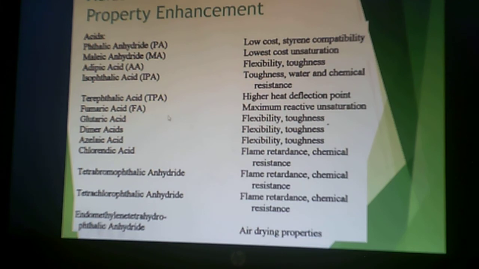You can use fumaric acid instead of maleic anhydride for maximum reactive unsaturation, so you already have that fumarate ester present because you're using fumaric acid. Glutaric acid, flexibility and toughness, same thing with dimer acids or azelaic acid. Chlorendic acid, flame retardance and chemical resistance, same things with tetrabromophthalic anhydride and tetrachlorophthalic anhydride. And then if you require air drying properties, and some of these do, you use endomethylene tetrahydrophthalic anhydride. I deserve a gold star for being able to say that.